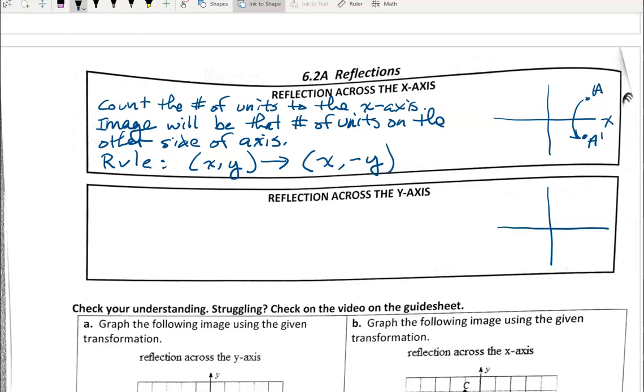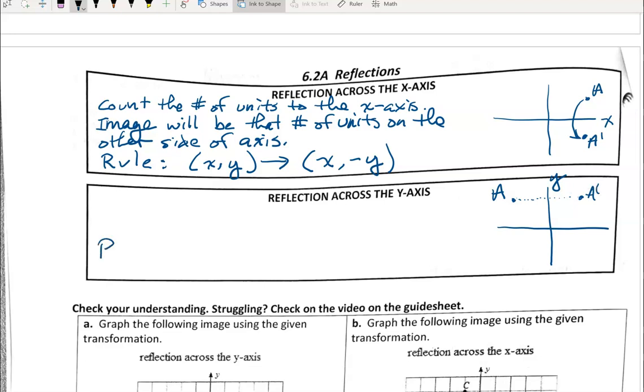All right, let's start with point A over here. And now we're going to reflect over the y-axis. Again, we're going to count the number of units that we are from the y-axis and then go that far on the other side to get A prime.